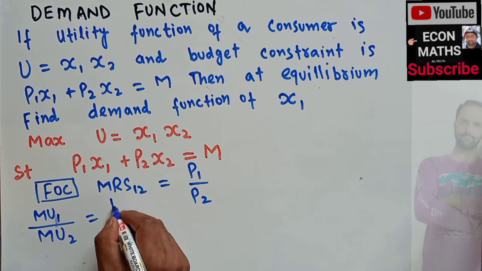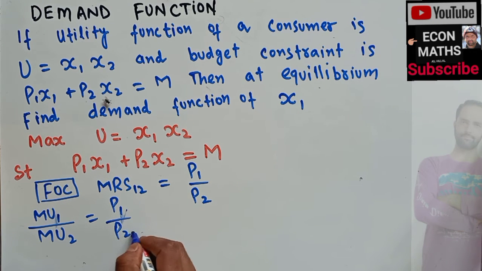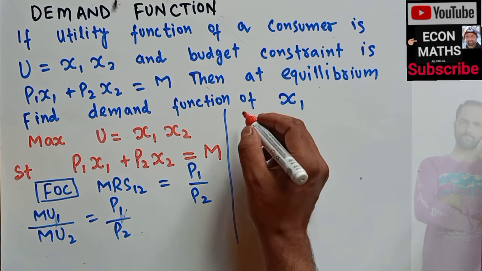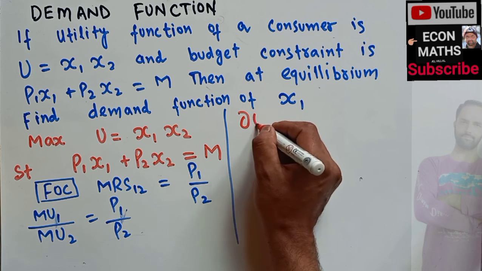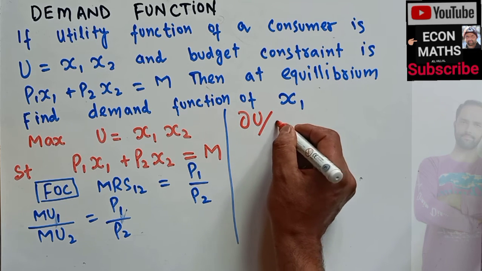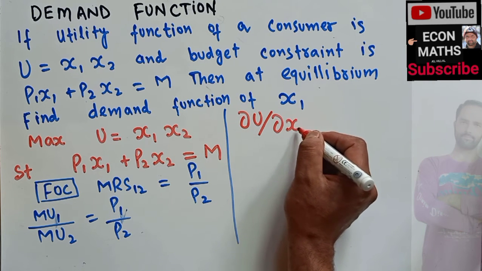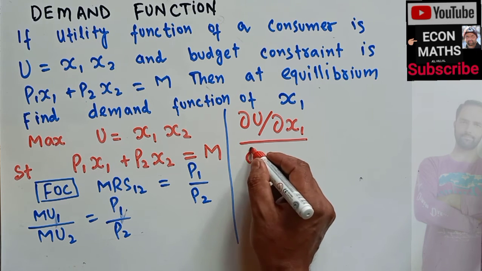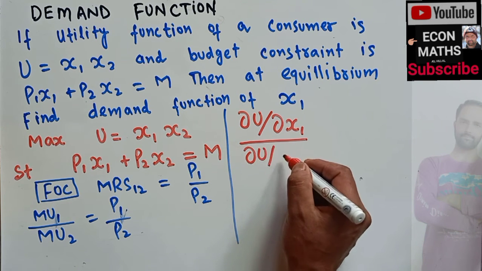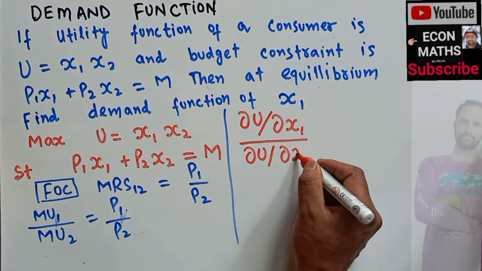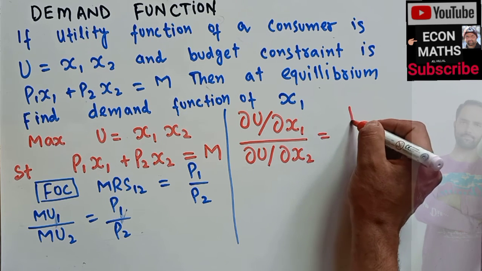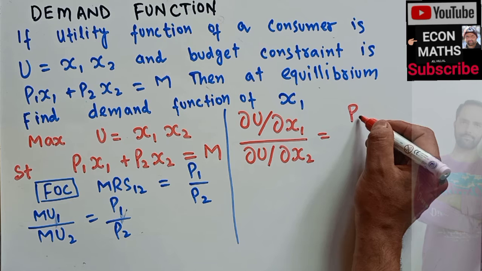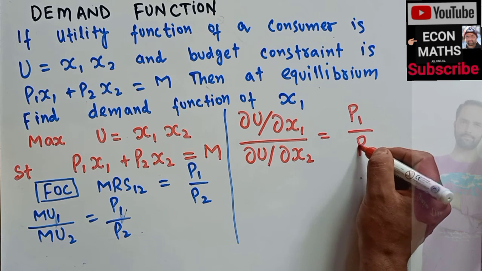It should be equal to the ratio of the prices, that means price of good 1 upon price of good 2. MU1 denotes the partial derivative of the utility function with respect to good x1, divided by marginal utility of good x2, which is the partial derivative of the utility function with respect to good x2. It should be equal to p1 upon p2.